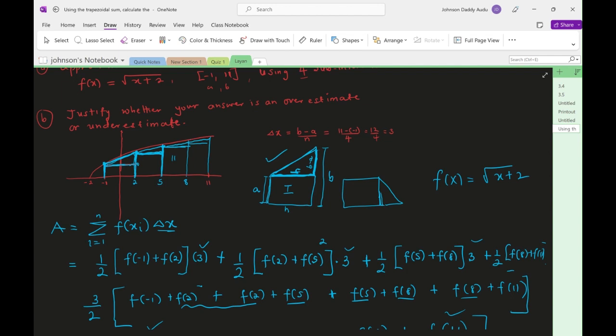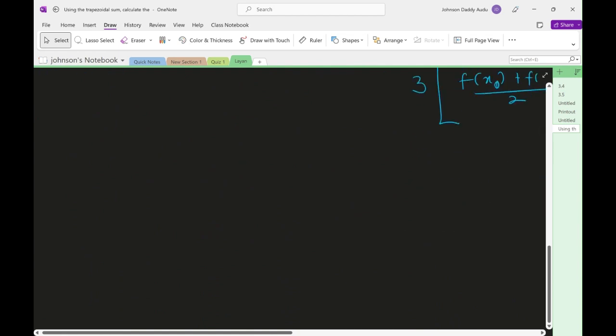And clearly you can see that this is an underestimate, because if you look here, when we join this part together, we still have the curve. It's still above the rectangle. So you see the curve is above the rectangle. I mean, not just the rectangle, I mean above the trapezoid. So the red line is above all the blue line. So this is an underestimate.